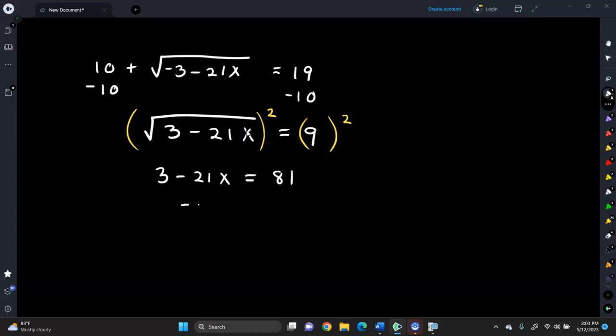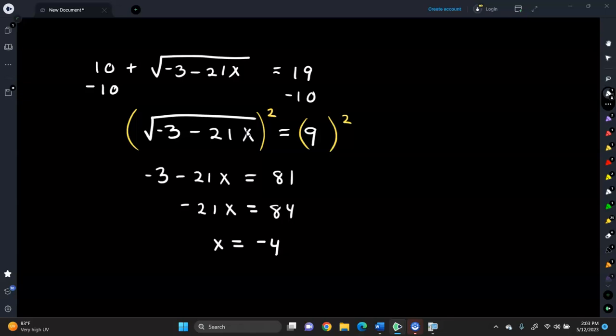So we have negative 21x equals, what did I do there? Did I make a mistake? Oh, this is a negative 3. There you go. Sorry. Adding 3 to both sides, I get 84. So x, dividing by negative 21, we get x equals negative 4.